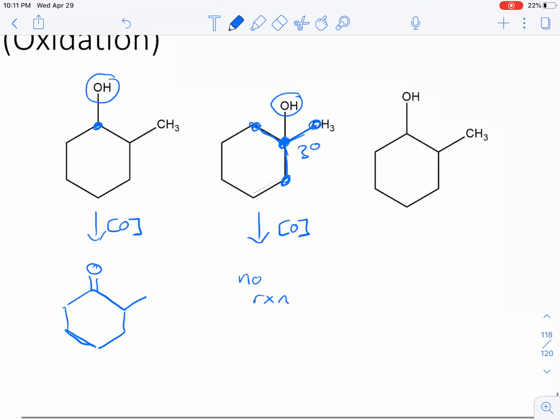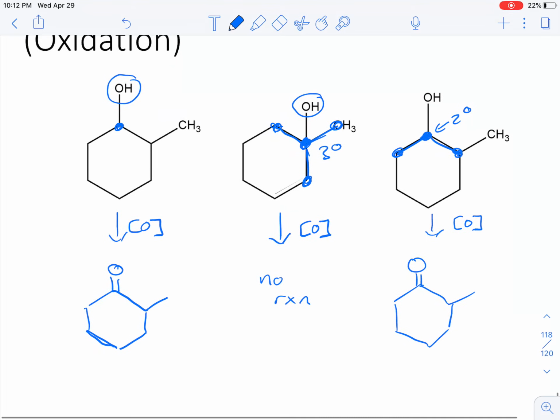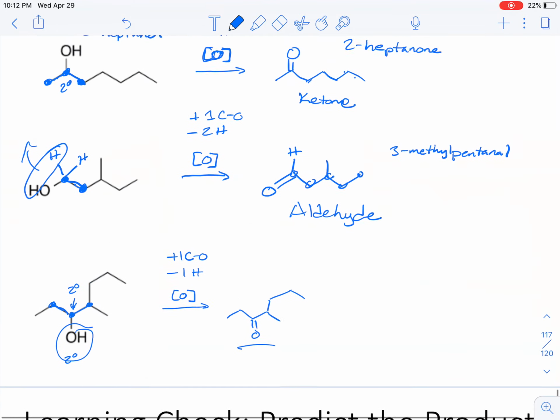And here, last but not least, we have this carbon connected to 1, 2 carbons, so this is a secondary carbon. If we oxidize a secondary carbon, it's going to produce a ketone. Oh, it's actually the same one. Oops, oh well. All right, so hopefully you guys understand that logic.